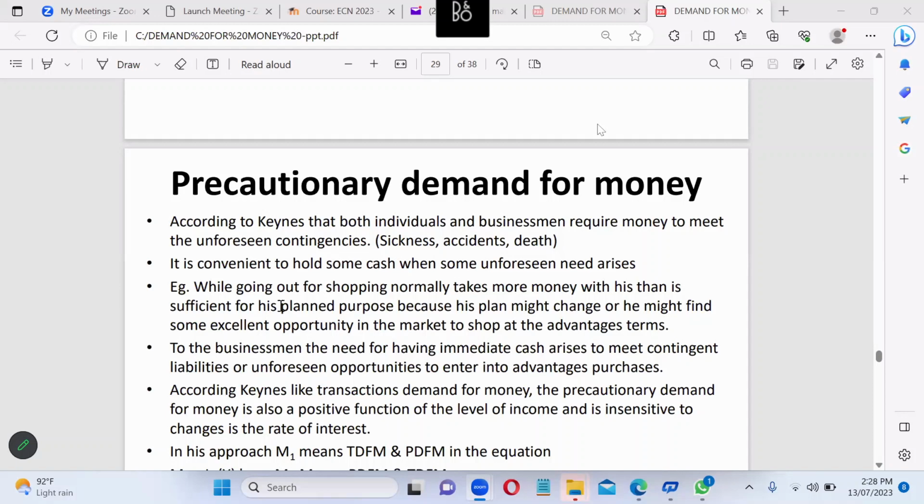So it is convenient to hold some cash when some unforeseen need arises.